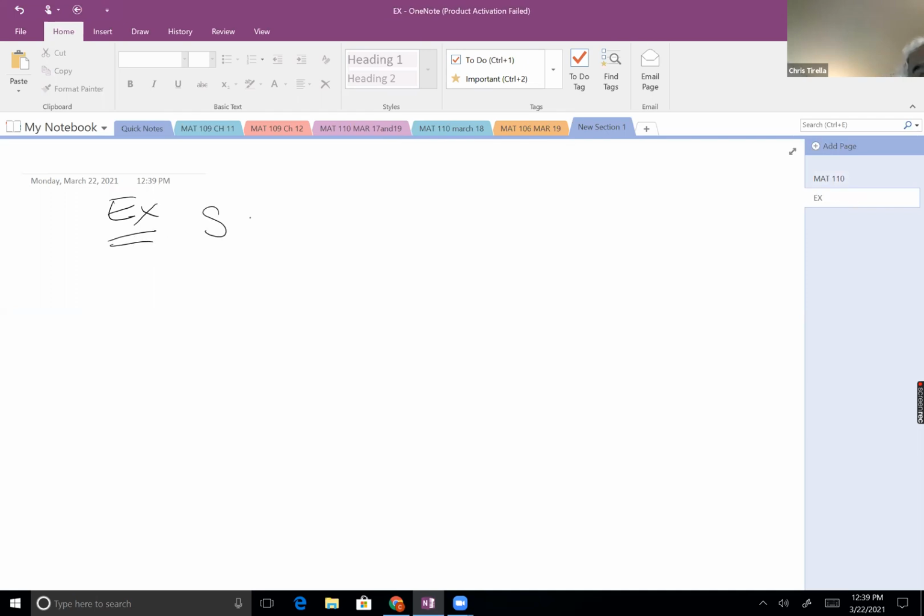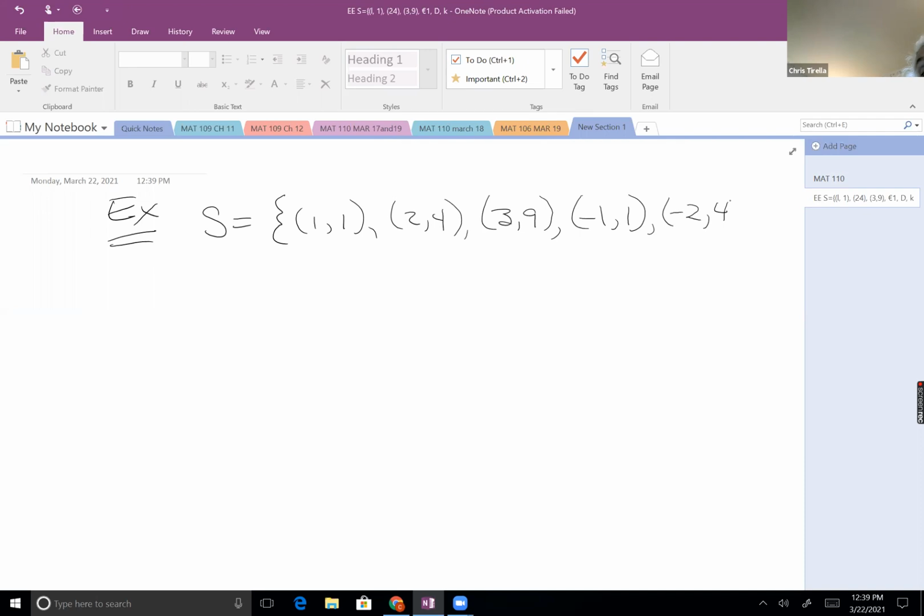Let's say I have a set S that contains the ordered pairs (1, 1), (2, 4), (3, 9), (-1, 1), (-2, 4). And so we're pairing some of the integers with their squares.